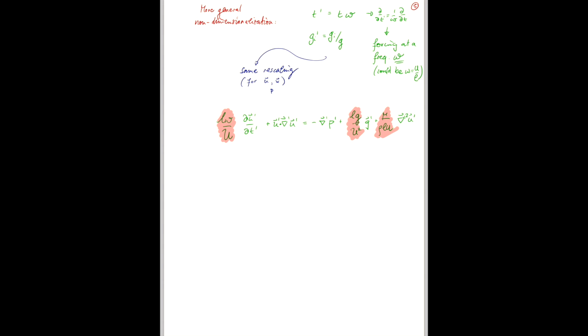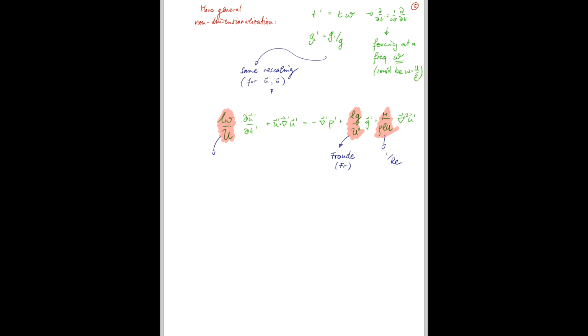The earlier one is still retained, that's here, and this is 1 over the Reynolds number. This number here is called the Froude number, abbreviated as Fr.